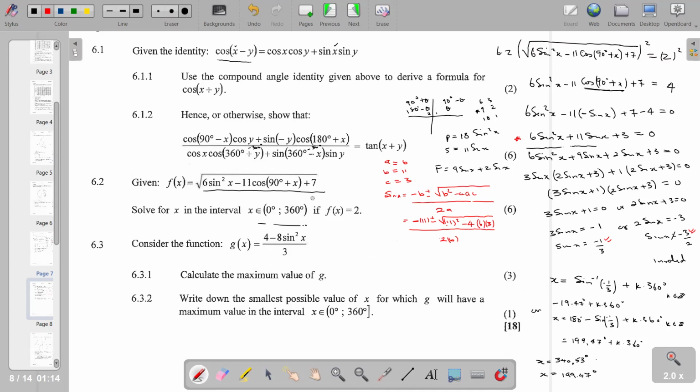Then the next question, 6.3. Question 6.3. On question 6.3, let's remove all this.